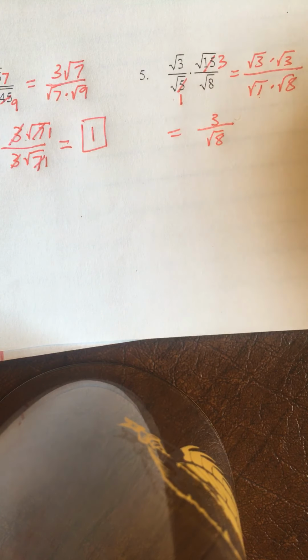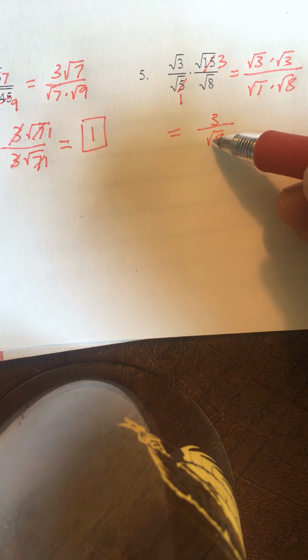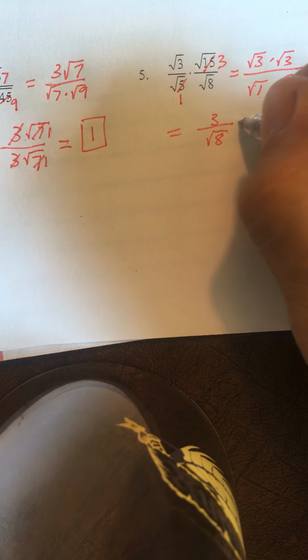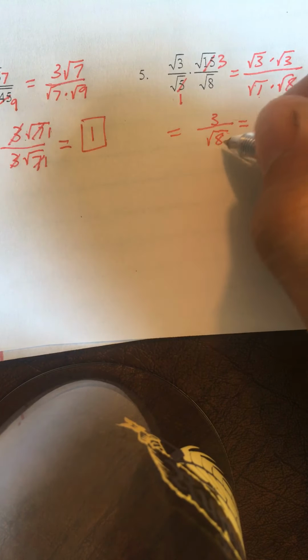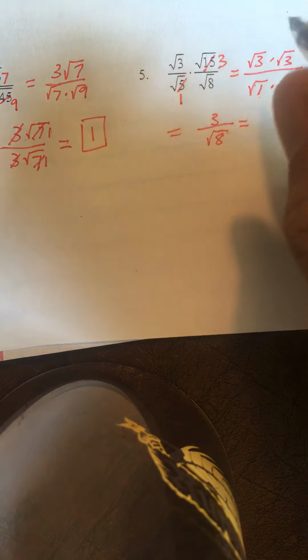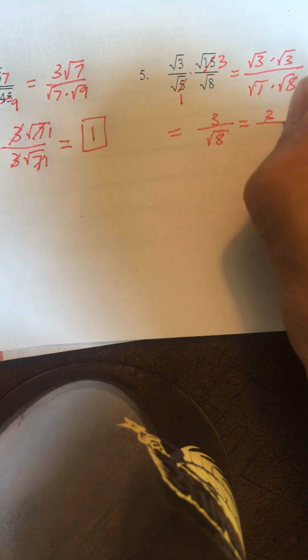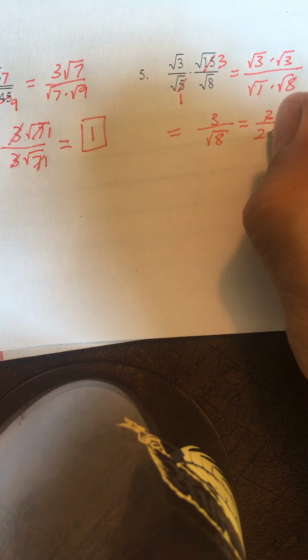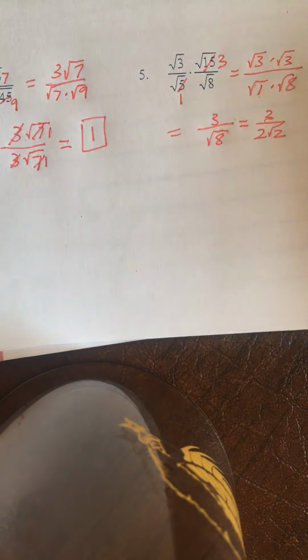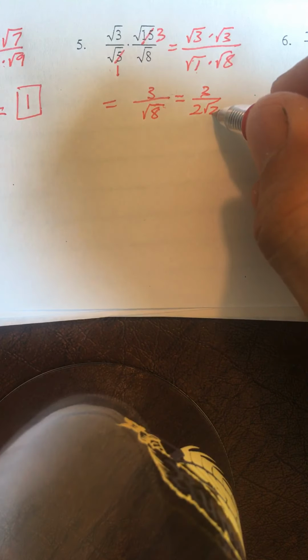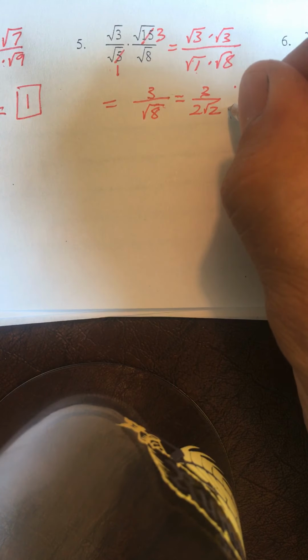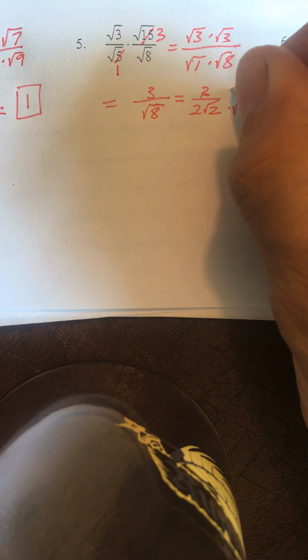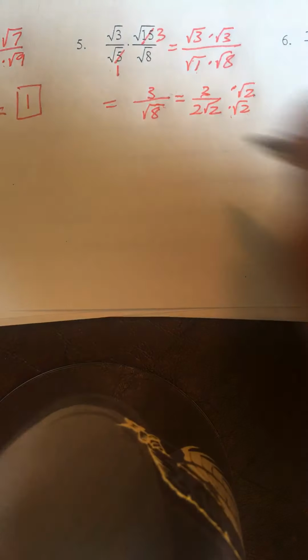And now I have a couple issues. This is not in simplified radical form, and we have a radical in the denominator. So the first thing I'm going to do is simplify this. I'm thinking of this square root of 8 as 4 times 2. So it becomes 3 over 2 root 2. And now this guy has a radical in the denominator, so I'm going to multiply the bottom by root 2 and the top by root 2.